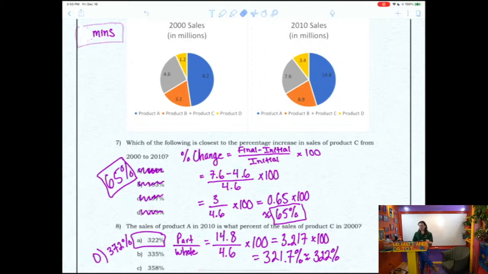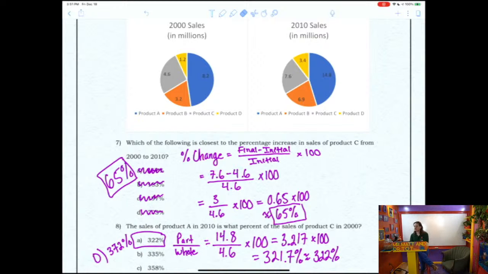So I'm very sorry. There was a typo with number 7. So my apologies. It should have been an increase of 65%. So we need to use the percentage change formula of final minus initial quantity divided by initial times 100. So if we're talking about sales of product C, that is the gray sector.